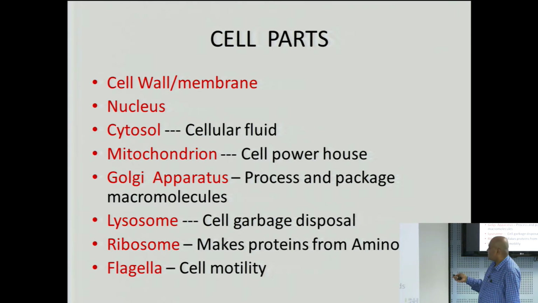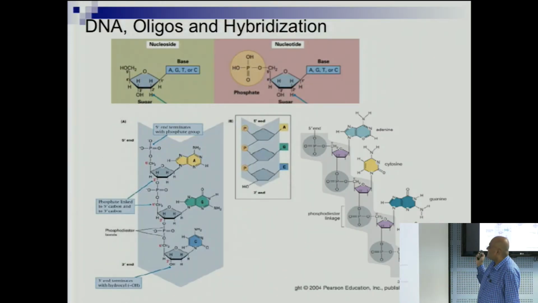So we talked about the cells and the different parts, lysosome, packaging. Again, this is about DNA and hybridization. I think it was already mentioned in the previous class what DNA is. For non-biologists, I was very confused when people sometimes use the word DNA and sometimes the word oligos.